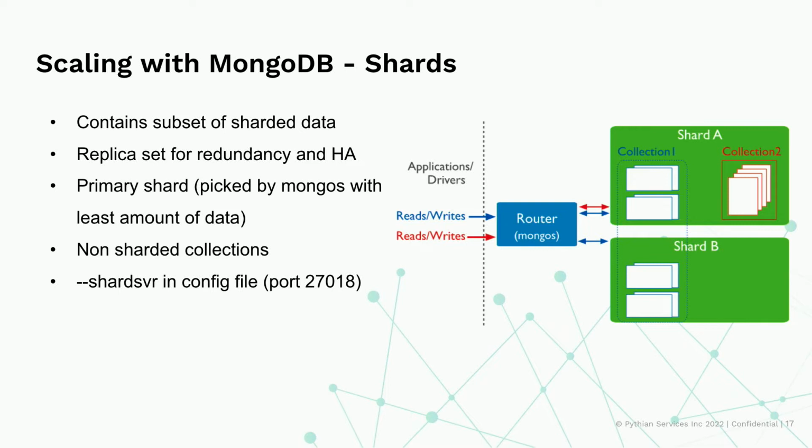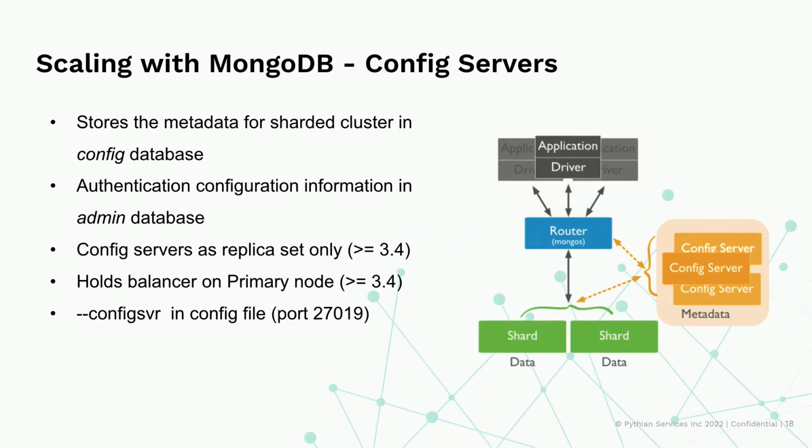Anytime your application routes read or write requests to that collection, it will only go to shard A. So in this example, it's expected that shard A will have more load compared to shard B, just because there are collections that exist and are not sharded on the primary shard. So this is important for non-sharded collections. The config servers are just where the cluster metadata is saved.